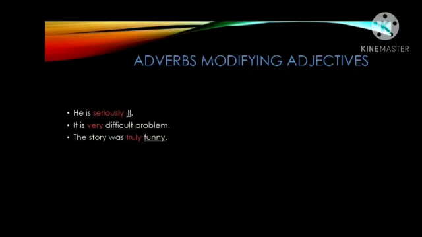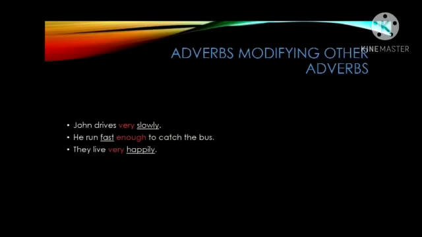Ill is here an adjective. Now come to the next kind, adverbs modifying other adverbs. Here just take an example, they live very happily. What we find here is that very is an adverb which describes another adverb, happily.